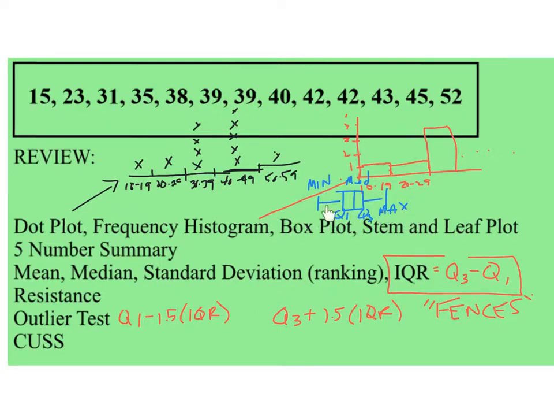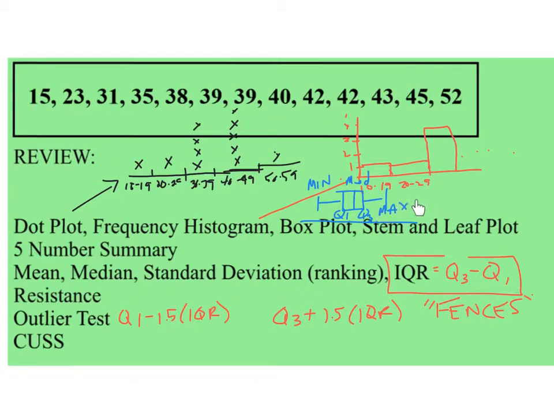Okay? Now, please remember, I'm doing a quick box plot. Remember, we should always have something, and I could even write it down here. We should have an axis where we have labeled the numbers and all. The edges of our box doesn't change. The box doesn't change, but the edges of our graph in a modified box plot would represent the minimum value that's not an outlier, or the maximum value that's not an outlier.